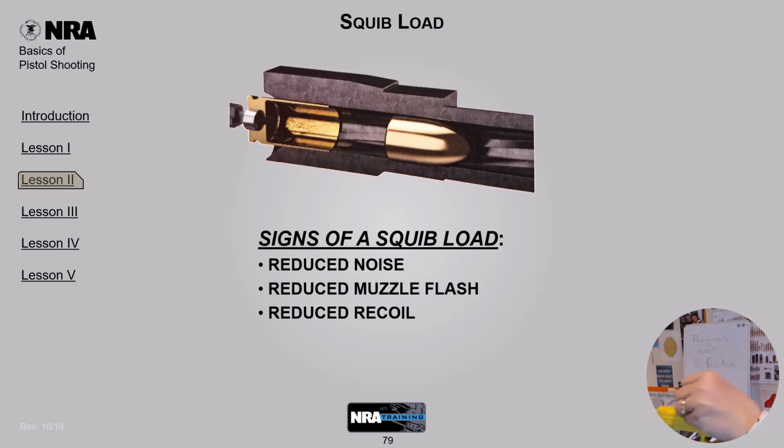That's kind of the idea behind a squib load, because the barrel is meant for stuff to pass through it, not to have stuff stuck in it and then have the next one come to a sudden stop. So that's why a squib load could be dangerous.